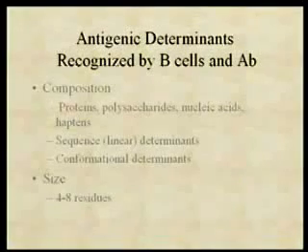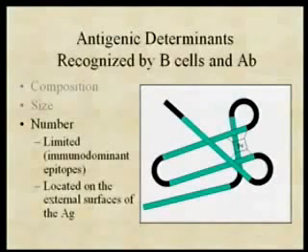If you actually look at them, though, and ask how many you find, you'll find that the number is much, much more limited than you would have anticipated. In fact, the immune response is mostly to a limited number of epitopes, which are referred to as the immunodominant epitopes. This shows a schematic of a protein that was, I think, 153 amino acids long.